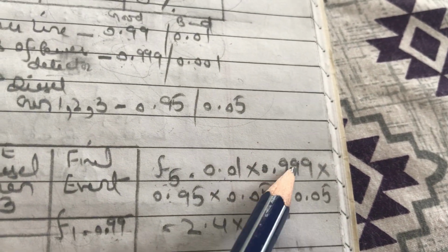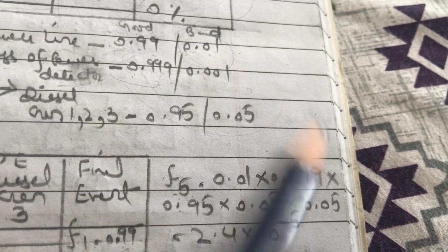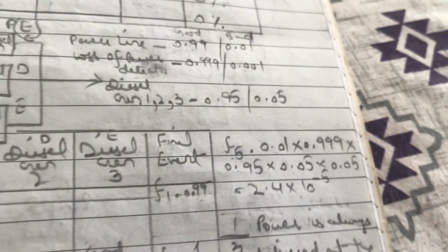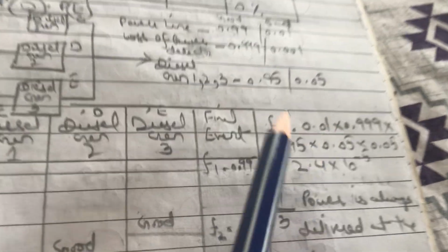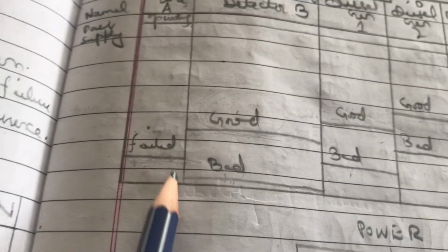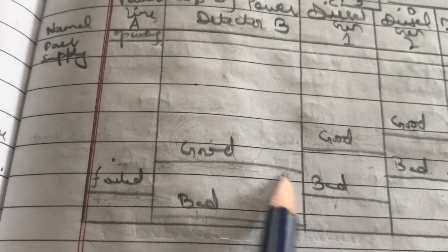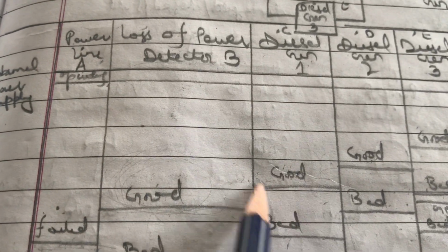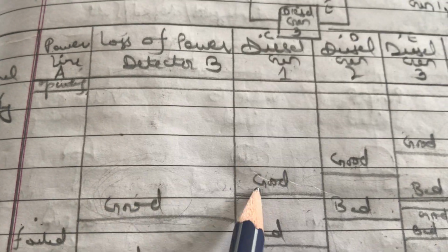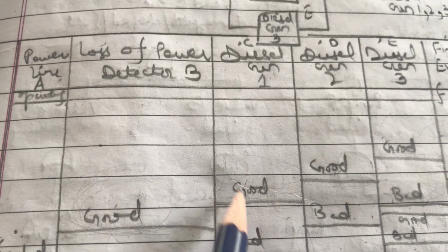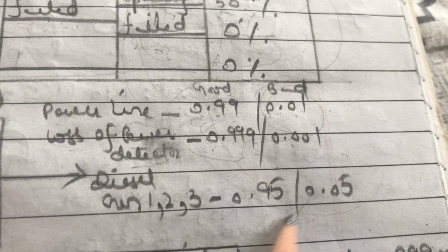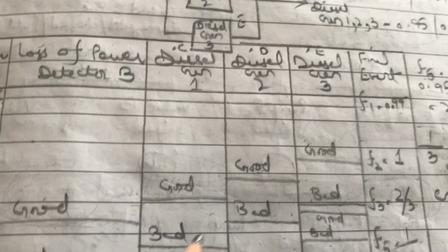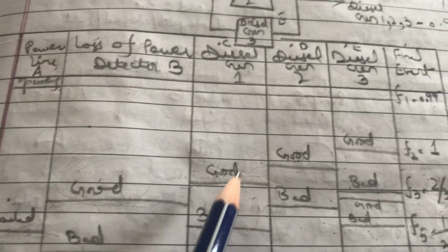So 0.999. The probability is the product of all the probabilities of PA, PB, PC, PD and PE. Next we are done with this, and we are going to do diesel generator 1. We have an operating condition for diesel generator 1 here. For F5 it is good, and for good we have 0.95, so that's why we multiplied with 0.95. Now we are done with 3.